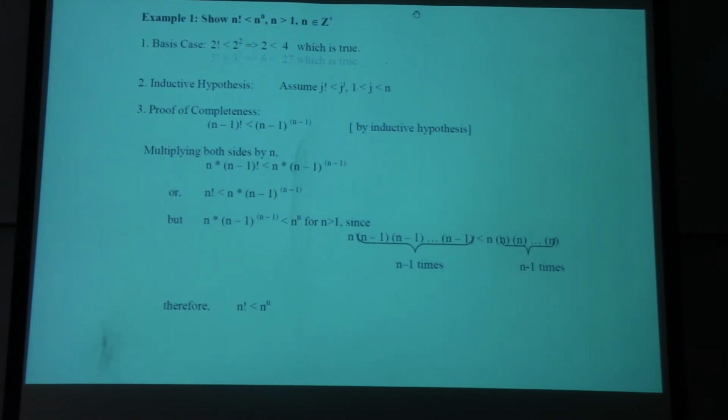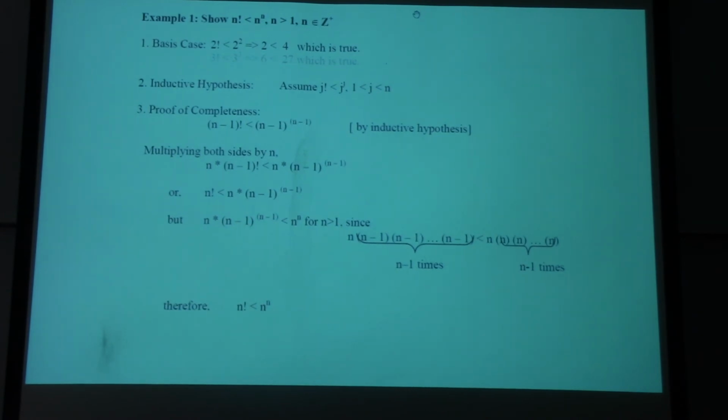So since this is larger than this, and we already know that n factorial is less than this value, and this value is less than this value, which is here, then by the transitive property, we show that the n factorial must also be less than this one.